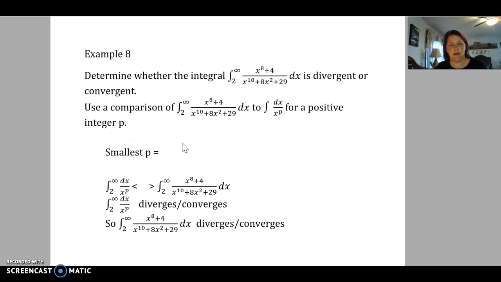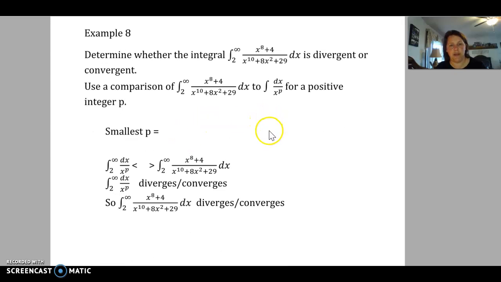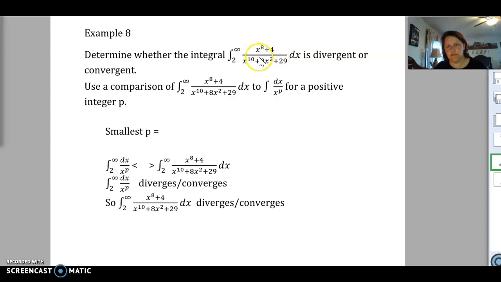I'm just going to talk about this one a little bit. Determine whether this equation, which we want to find the integral of, converges. We're going from 2 to infinity, but that's a pretty big equation to integrate, and we would have to do all of our partial fractions and everything like that. But we can get a good idea of what's going on if we look for a simpler version.